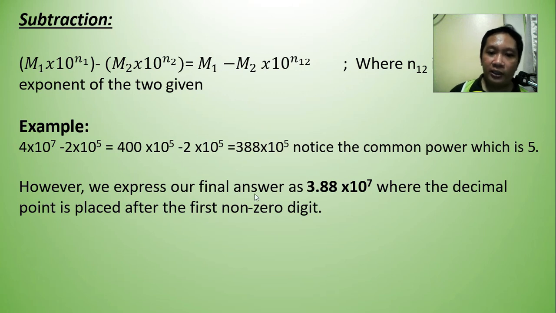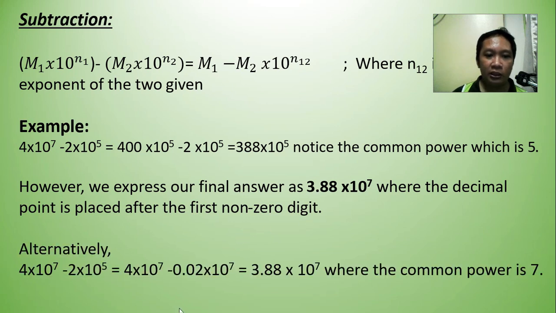However, we express our final answer in such a way that we move the decimal point after the first non-zero digit. Therefore, we need to add 2, then we have 7. So where the decimal point is placed after the first non-zero digit. Okay, that's the pattern and the rule.